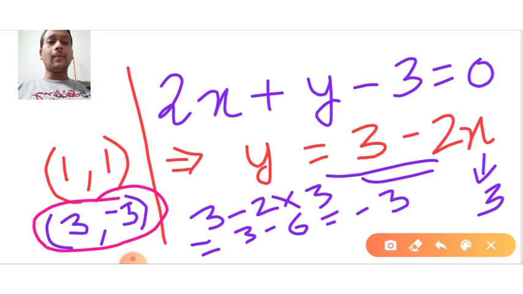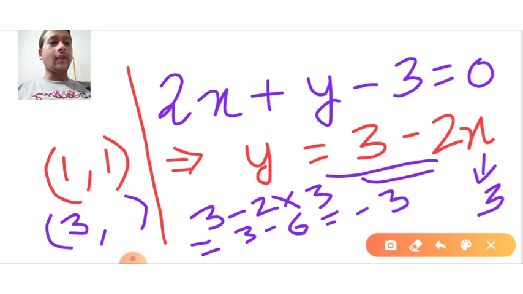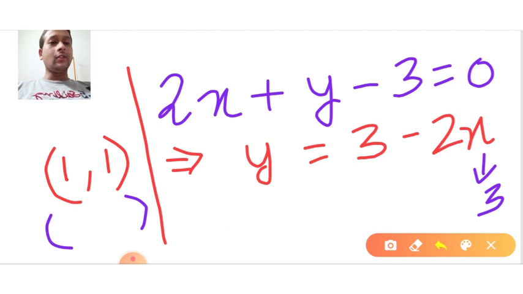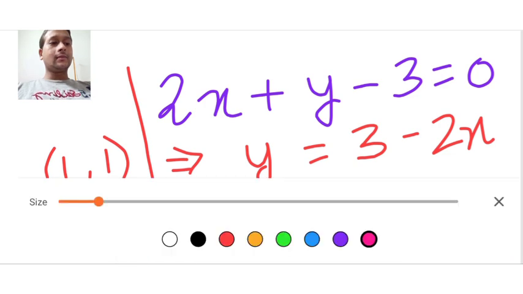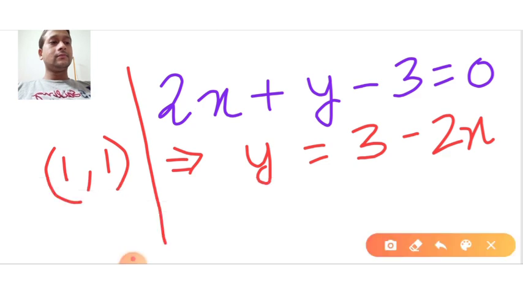Now you have to remember, you can give infinite values of x, and for infinite values of x you will have infinite values of y. You can give any values to this x, and whenever you put different values you will have different values for y.